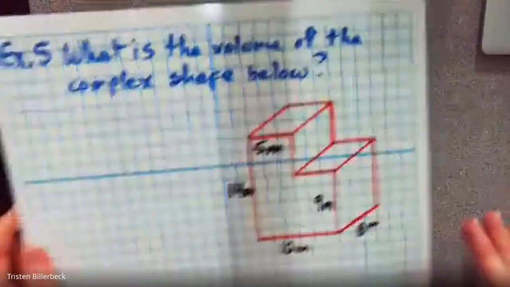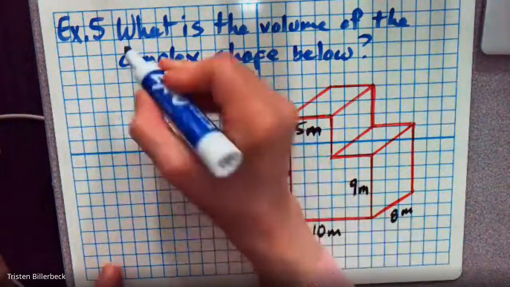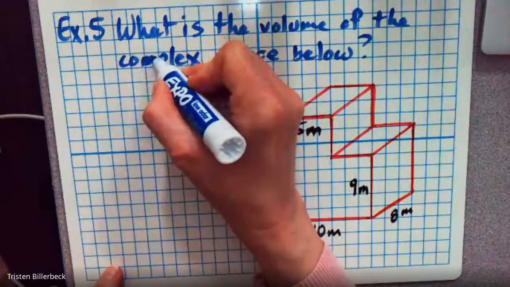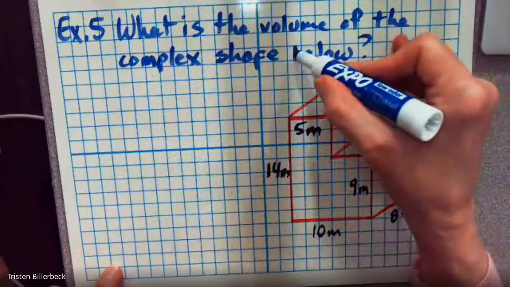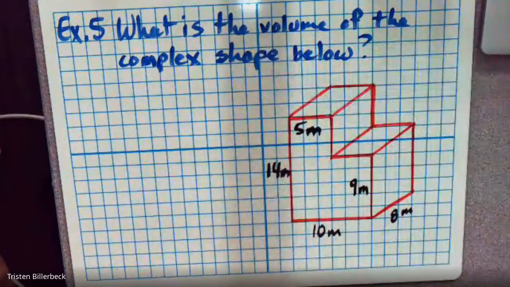Okay, sometimes we get complex shapes like this. This is called a complex shape. It means it's a combination of shapes. So if we look at this shape, we have a couple different shapes we could be dealing with.